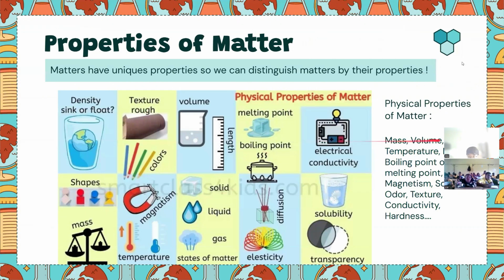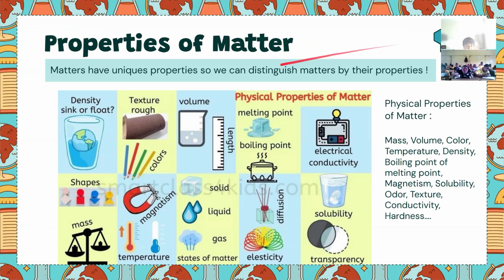Here are some properties of matter that we looked at. Matter has unique properties, so we can distinguish them by their properties. There is density, where we look at whether an object sinks or floats.